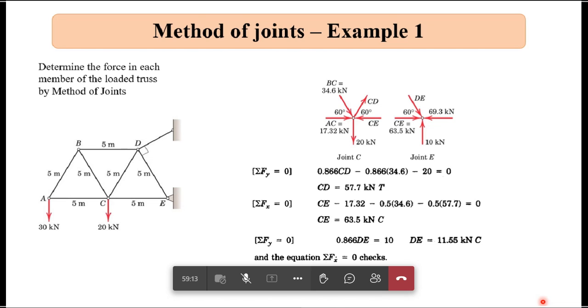Any questions, students? No, sir. Sir, is truss in module 1 or module 2? It is in module 1. We haven't completed module 1 yet. After that, you have strength of materials in module 1. Then you have moment of inertia in module 1.